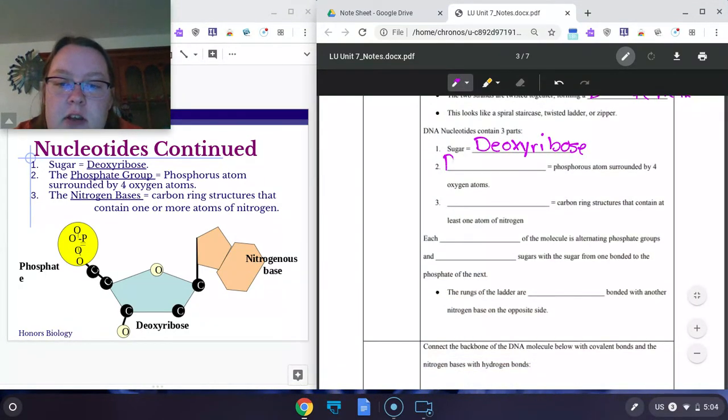There is a phosphate group. And then our last is a nitrogen base. The nitrogen bases, even though I often draw them as rectangles, are actually ring structures that could have 1 or 2 rings.